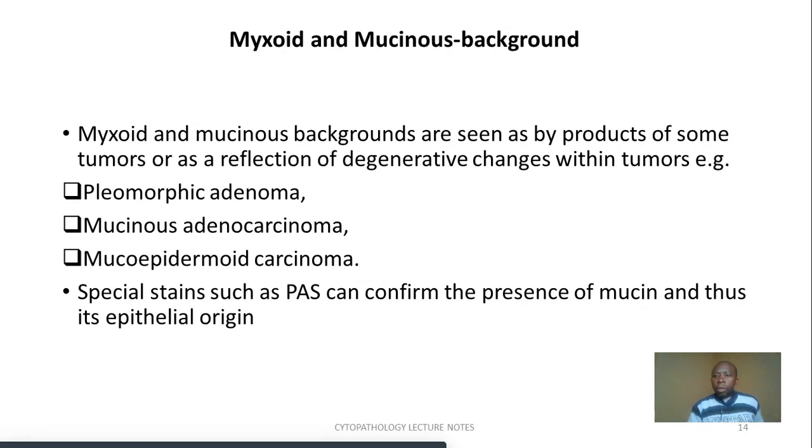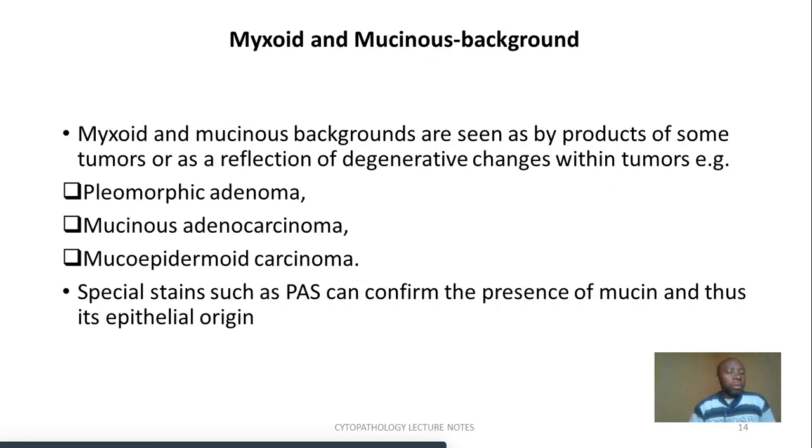Away from that, we go to another background. This is what they call the myxoid or the mucinous background. We say myxoid and mucinous backgrounds are seen as byproducts of some tumors or as a reflection of degenerative changes within tumors. For example, we may find such backgrounds in pleomorphic adenoma. We find them in mucinous adenocarcinomas and in mucoepidermoid carcinomas, and then special stains can be used.